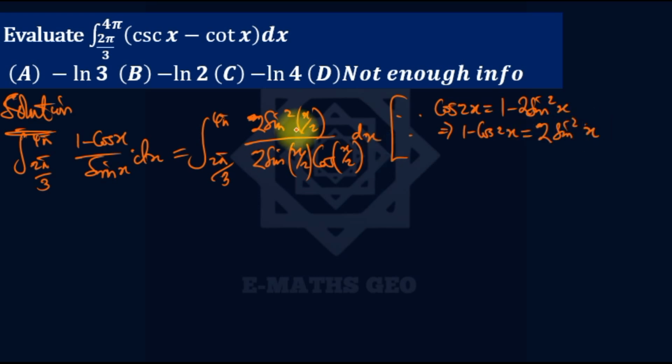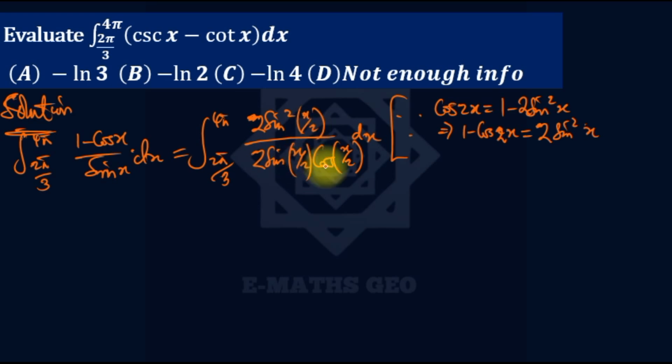So since I have 1 minus cos x, where this is 2x, this is x, so if it's x, this is half x.